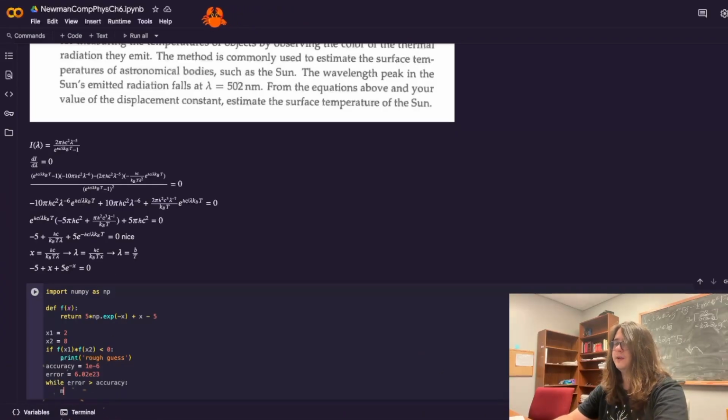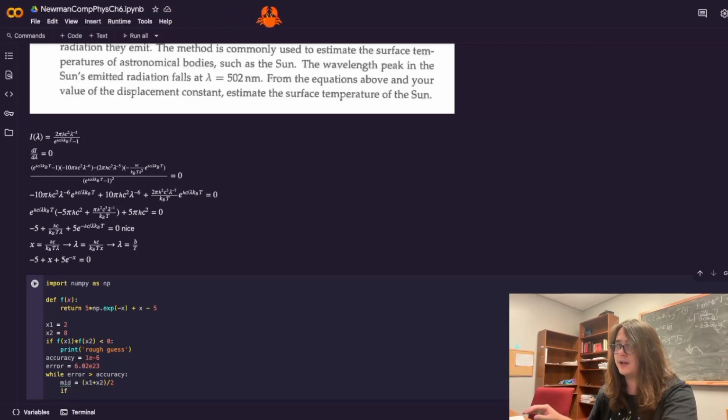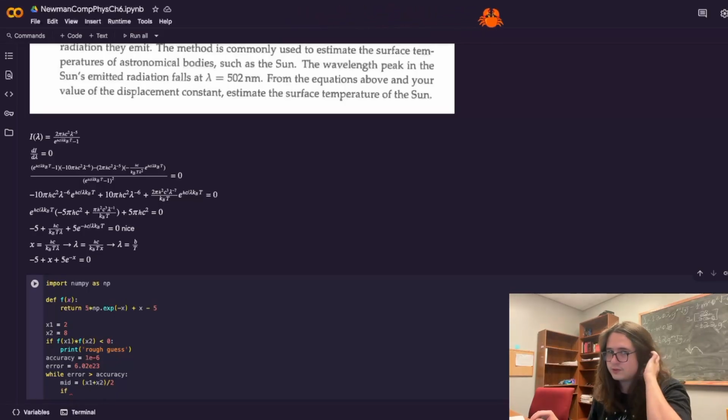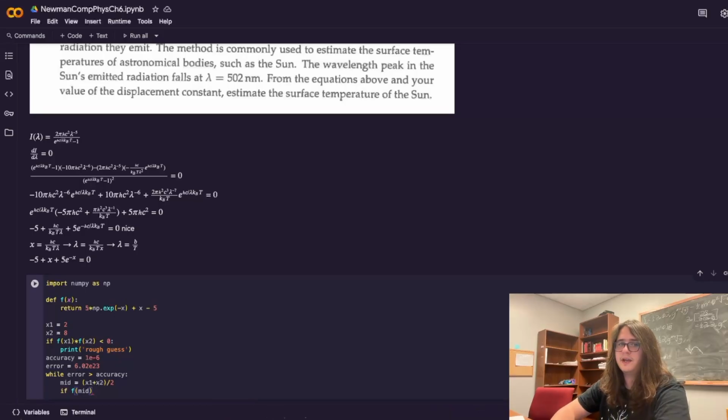What you want to do is calculate a midpoint between x1 and x2, which is just going to be given by x1 plus x2 over 2, right? At this point, you're going to check if f of x1 and f of x2 match signs. Let me actually read it directly from the book just to be sure. Yeah, you check if f of the midpoint, so f mid, has the same sign as f1.